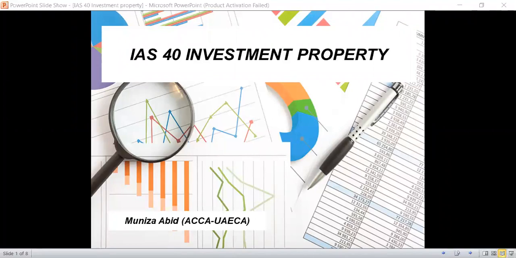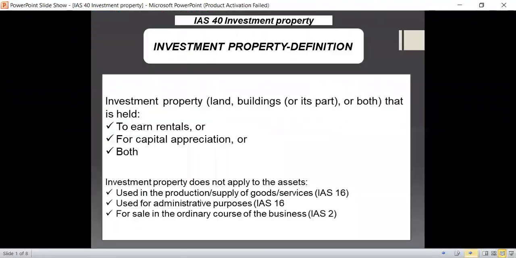So let us start our discussion by having a look at the definition of investment property, which is provided to us by IAS 40 itself. IAS 40 says that investment property is the property, land, buildings, or its part, or both, that is held to earn rentals or for capital appreciation or both.